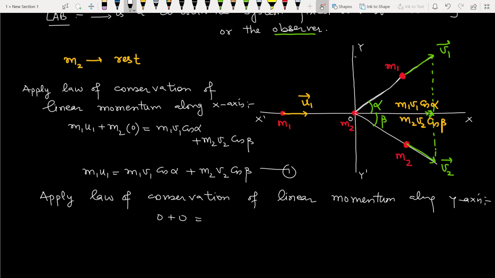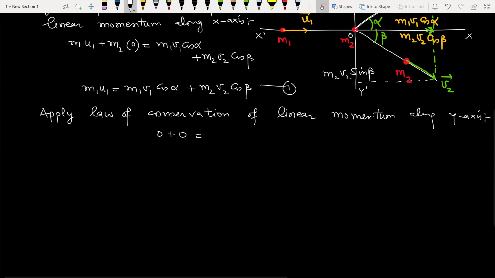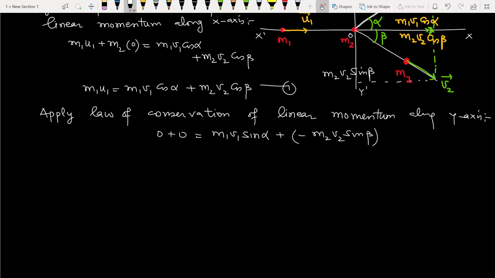Now when we come to the final momentum, we will have components: m1 v1 sin alpha along the positive y-axis, and a negative sign because m2 v2 sin beta is along the negative y-axis.